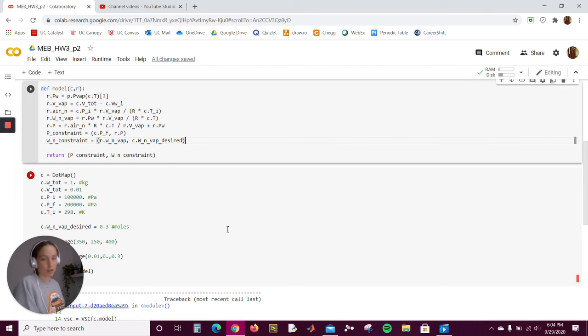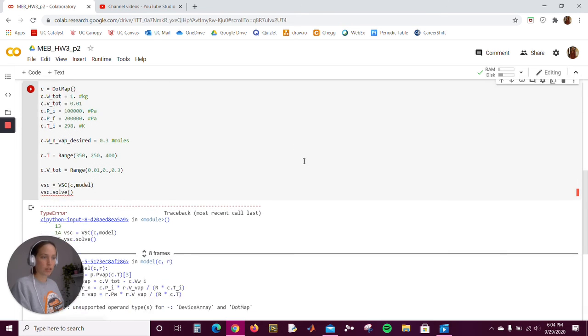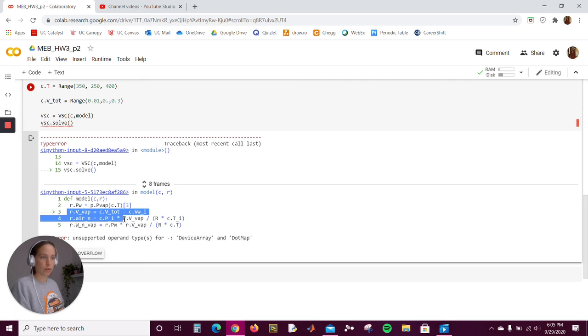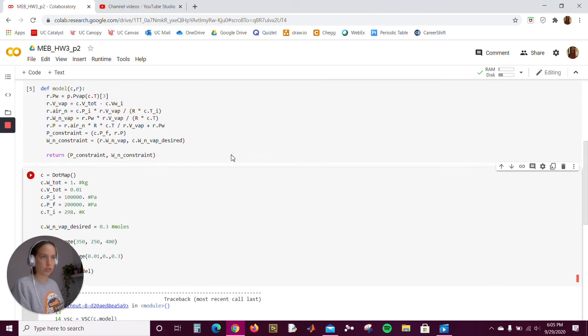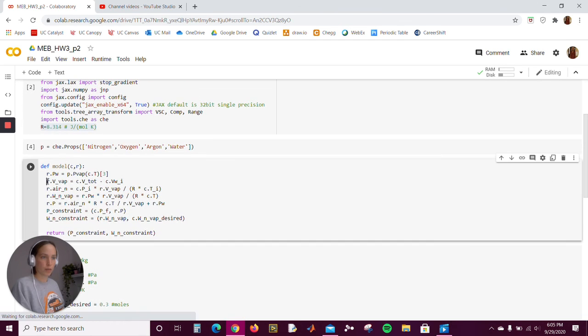So I realized that I left out a very fundamental aspect of what we're doing. So basically, let's look at the error again. It shows the issue with this line, right here.